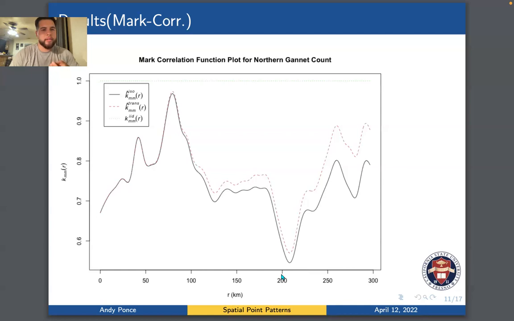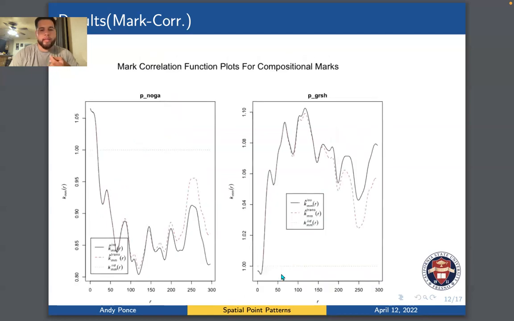And now for the process with the two marks, the two proportional marks, the plots look a little bit different. And so this P noga is with respect to the northern gannets, the proportion of that bird. And we notice that at first this is kind of going down, a downward trend. And for the great shearwater, it's the opposite.